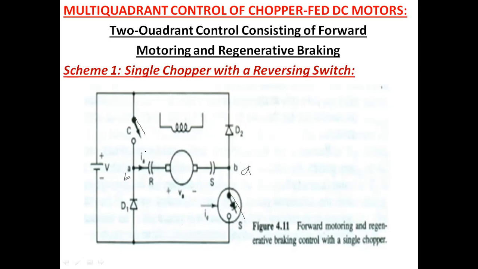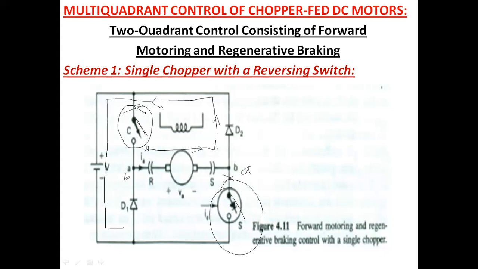The current will not flow through this branch as it is open, from D2 through the voltage source, and it will not be allowed through this branch also because C is open. So this branch also we omit. So IA will flow from D2 to the source and from D1 again to the motor.